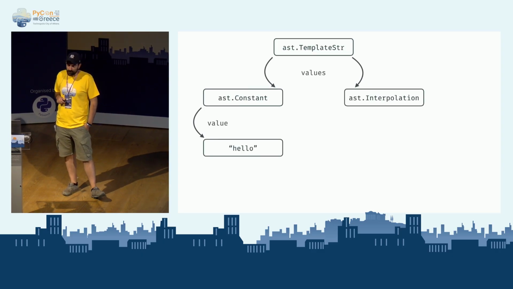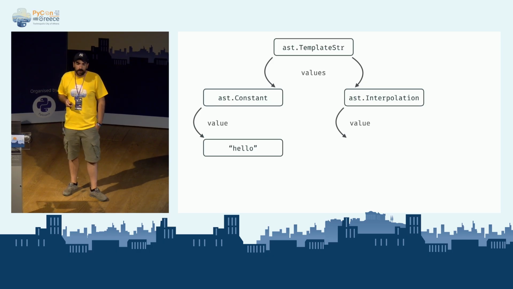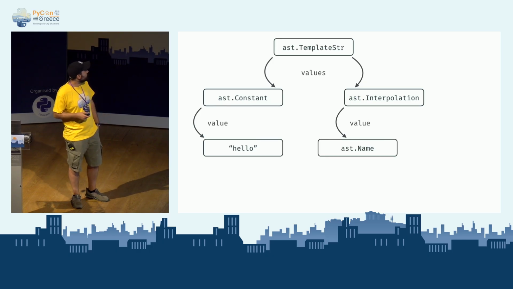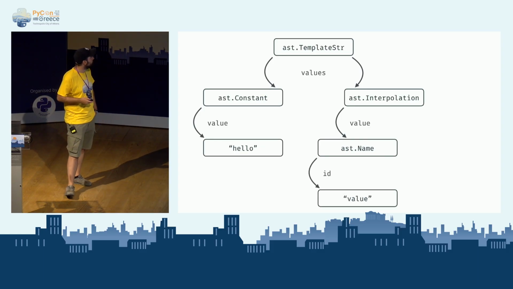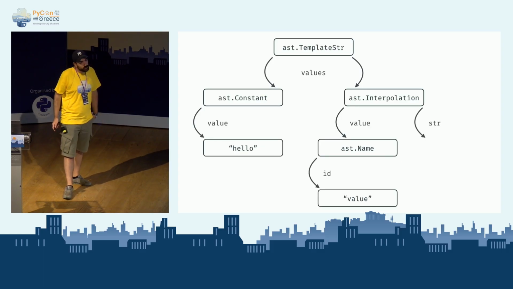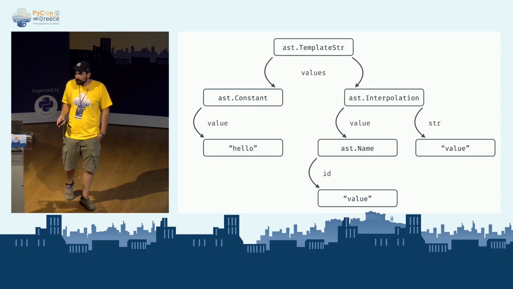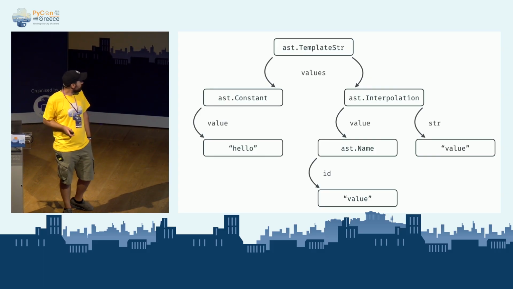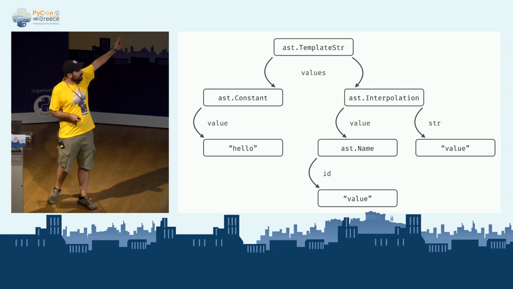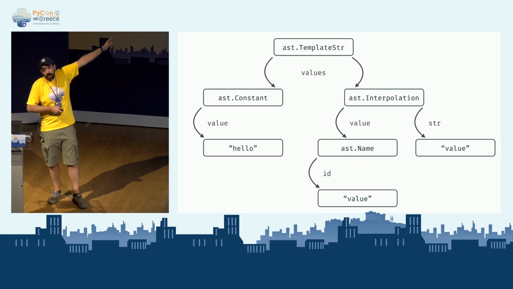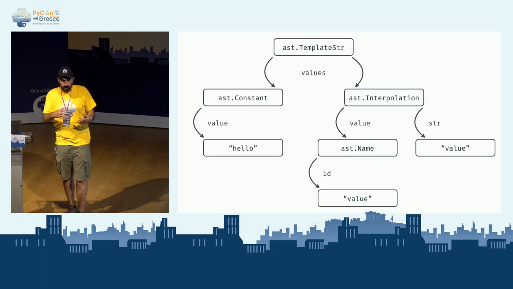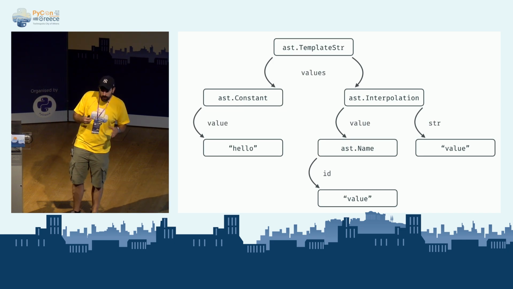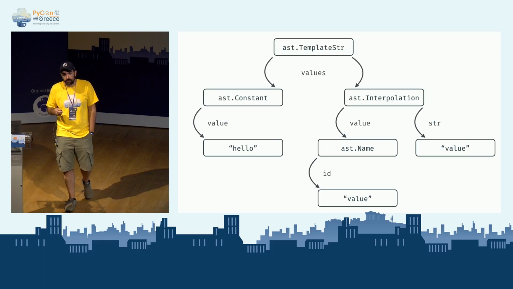And then we have an interpolation that's comprised of a value which is a name, and that name has the ID value. The interpolation has some more meta information in it. You can see that we have a name with the ID value and then the constant value. That's because we save both the name of the thing, and we also save what actually is between the braces in interpolated values.